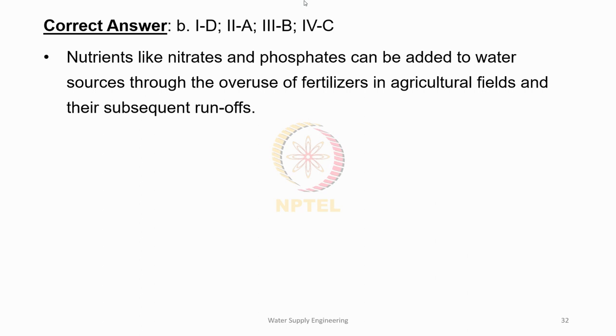Some amount will be absorbed by the crops, some amount will be washed off along with the runoff when we apply irrigation water. So the primary source of nutrients like nitrates and phosphates is from the runoff from agricultural fields.